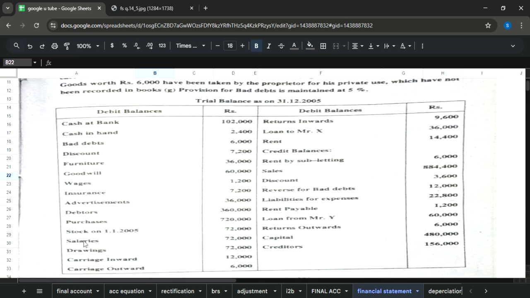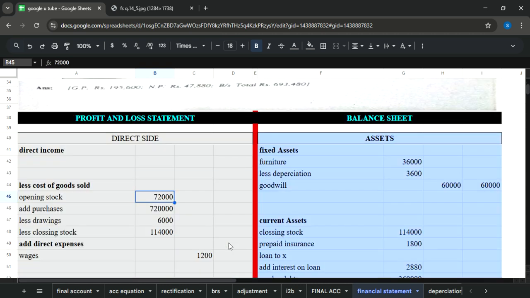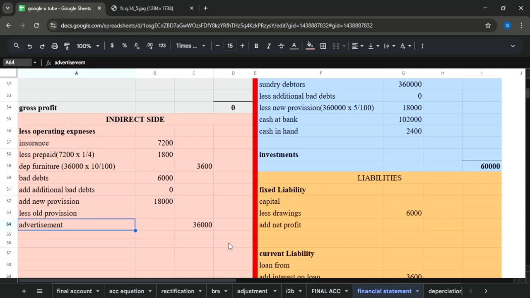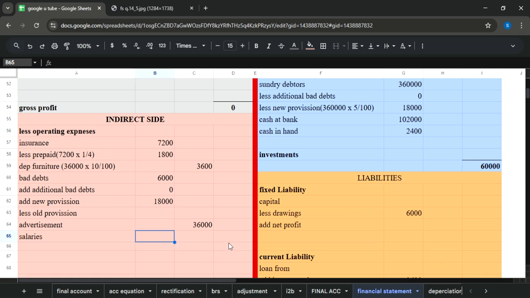Then we have salaries. It's quite surprising. Look at here, 72,000 stock, 72,000 salaries, 72,000 drawings, same amounts are coming. So salaries, part of operating expense. Here you will mention salaries, amount of which was 72,000. Hopefully.